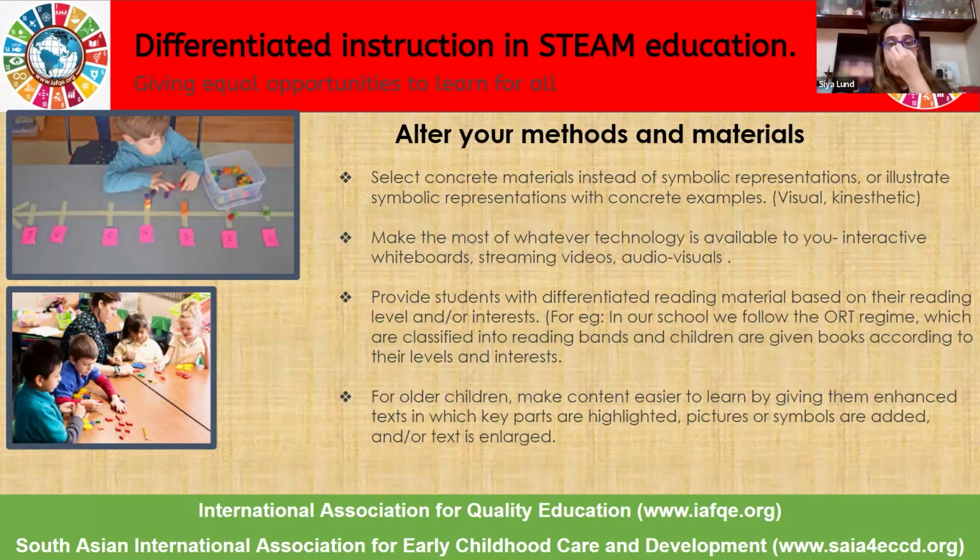So a lot of math can happen when you put concrete materials around. You can do ordering, you can do value, you can do one-to-one correspondence. So a lot of learning can be catered to.